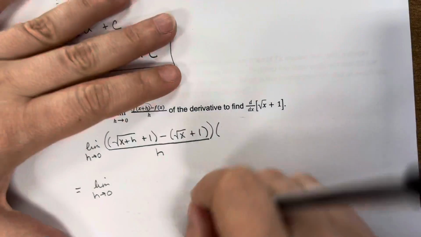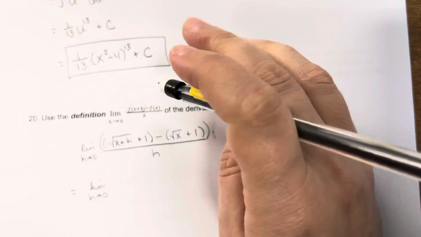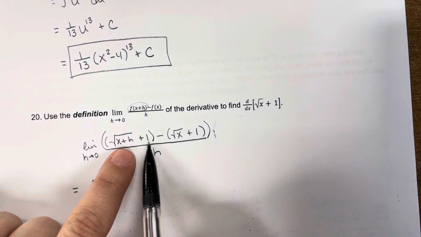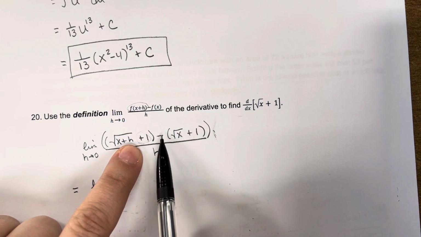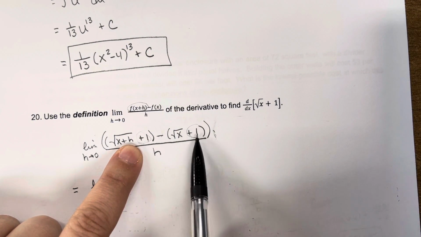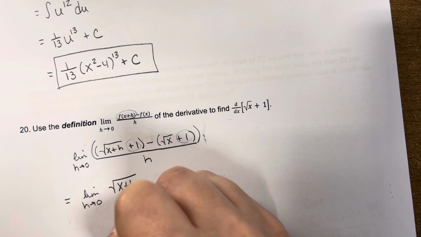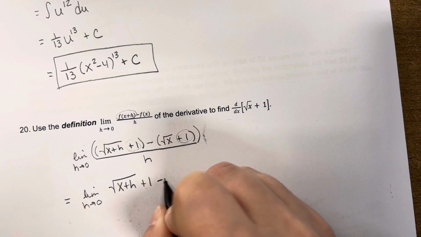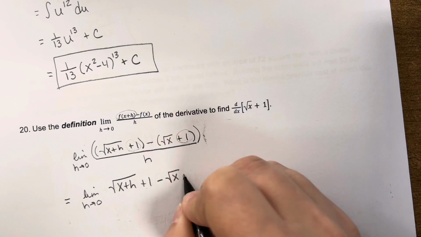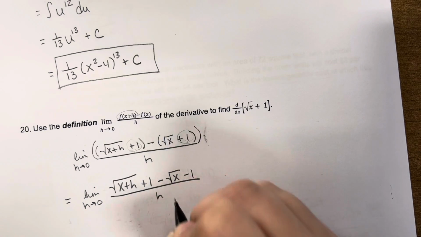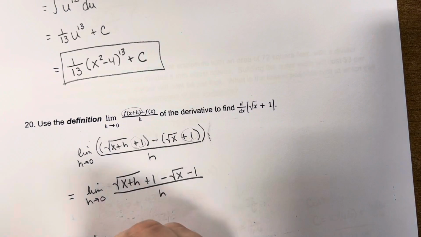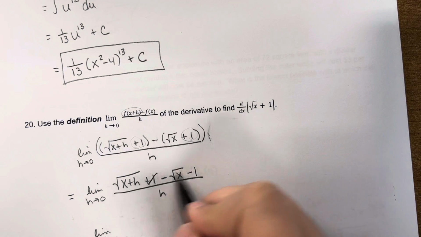Actually, let's simplify something first. I can make this look a little bit better before I do that, because I have a 1 right here and a minus 1 right here. So let me rewrite this for a second. This is really the square root of x plus h plus 1 minus the square root of x minus 1 all over h, which really means this cancels this.